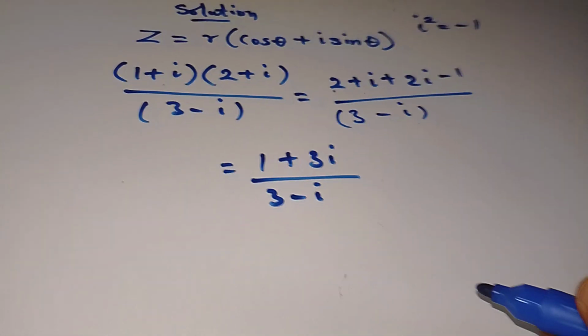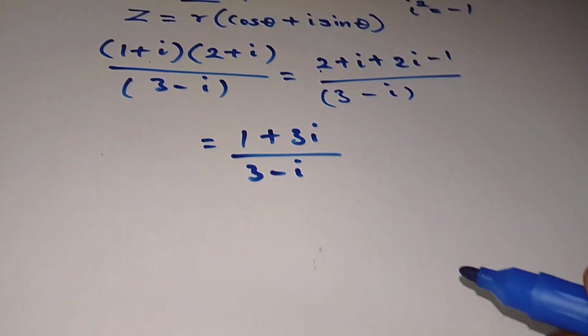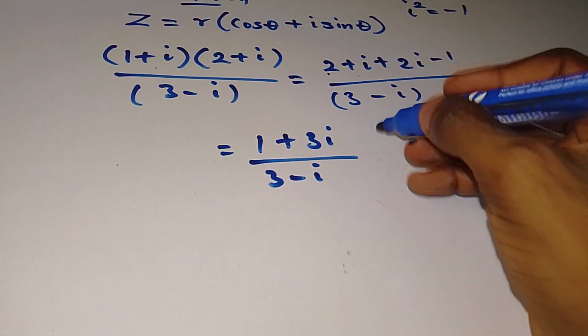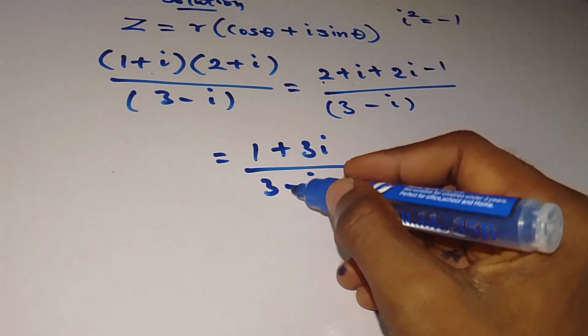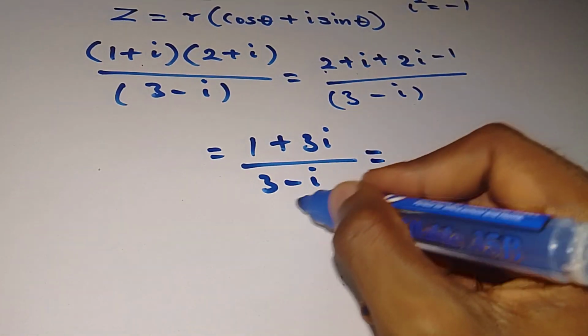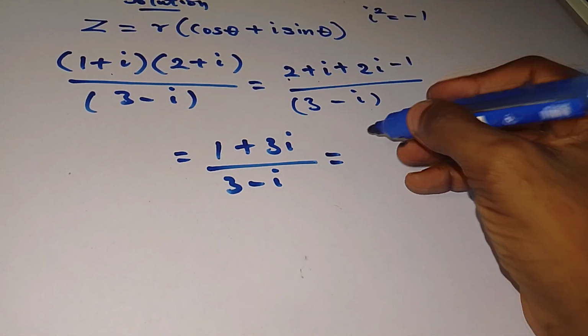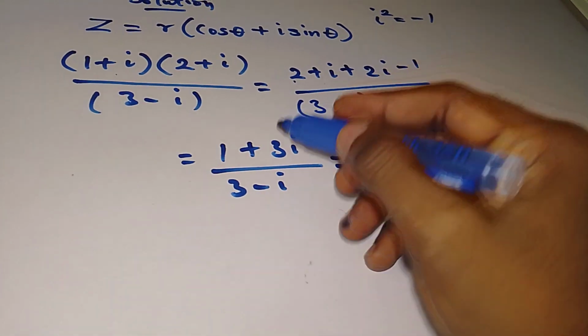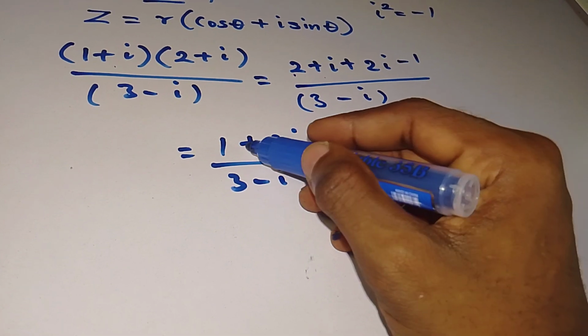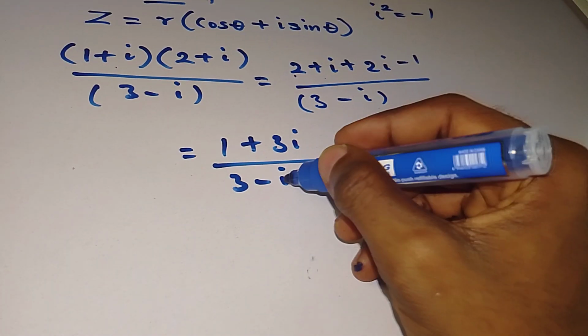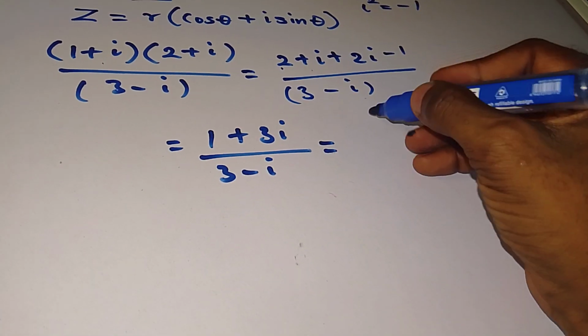At this point, we are going to get the complex conjugate of the denominator, which is 3 plus i. You multiply that conjugate by the numerator and by the denominator.